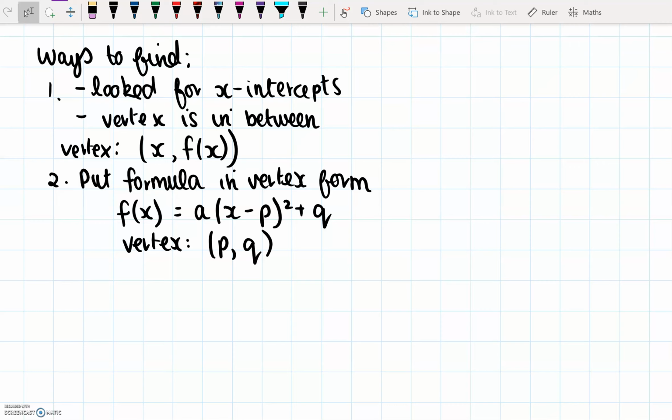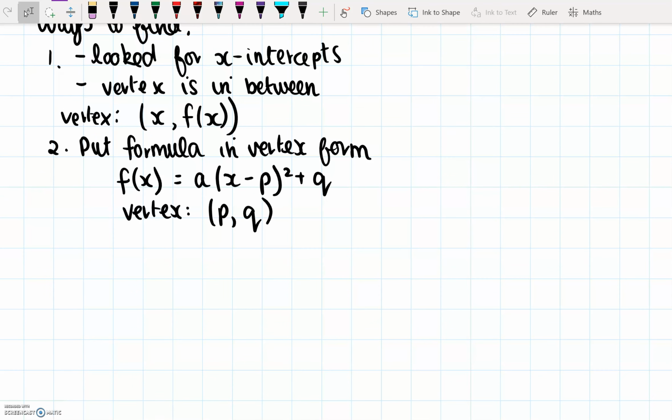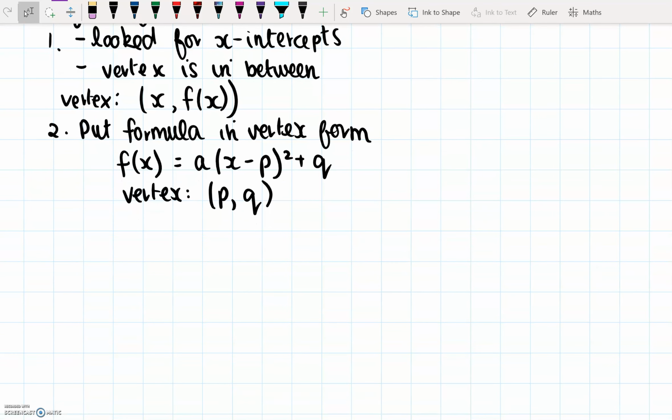All right, so what we're going to do is put the general formula into vertex form. Okay, and that will tell us the vertex. We know this. Okay, so we want it to look like this, and then we will know our vertex will be p comma q.